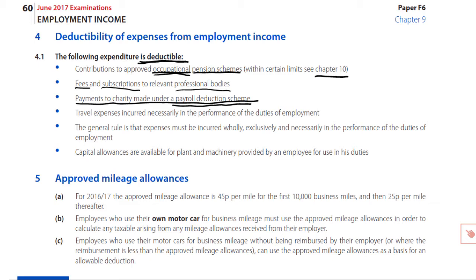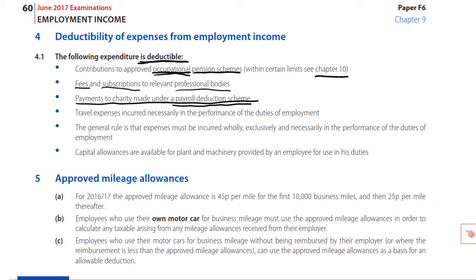That would be an allowable deduction from your annual employment income. So in your employment income working, giving you the figure to go to the income tax computation, you would pick up your gross salary and go less payroll deduction scheme contribution 500, and your employment income is reduced by that figure.